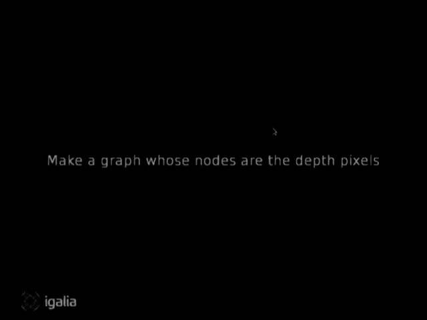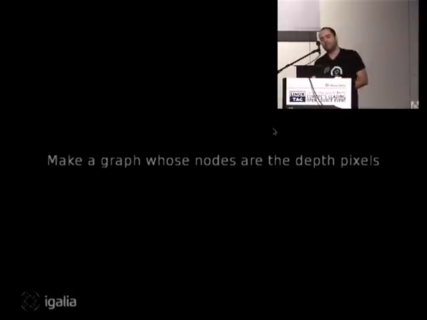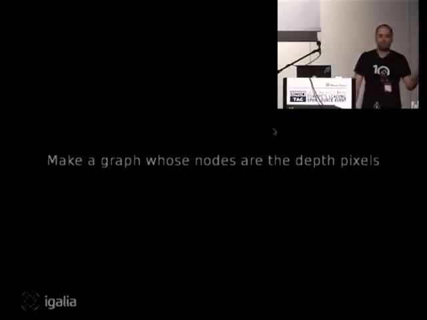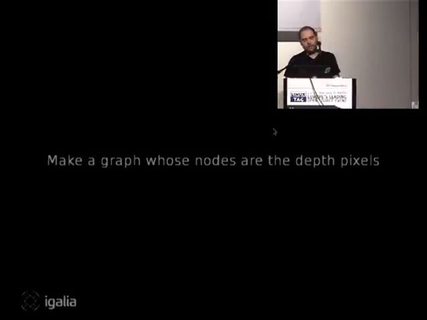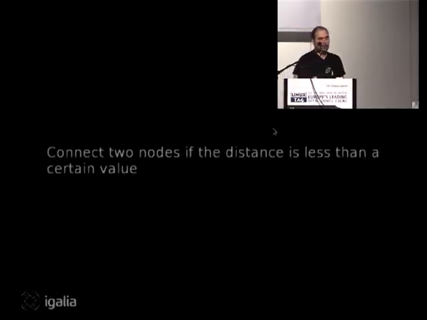So to get the extremes, we first need to make a graph whose nodes are the depth pixels. So we take the depth buffer that LibFreenect or another library gave you from a 3D camera, and you make a node of it.